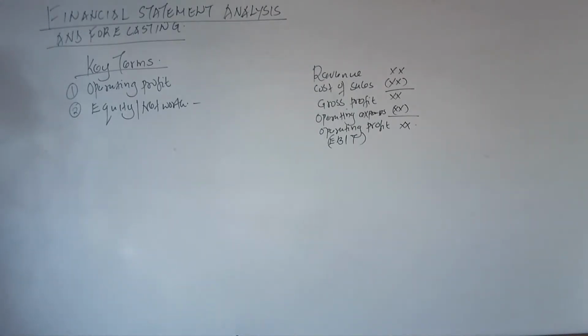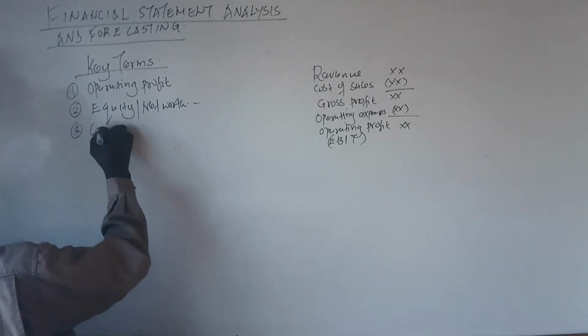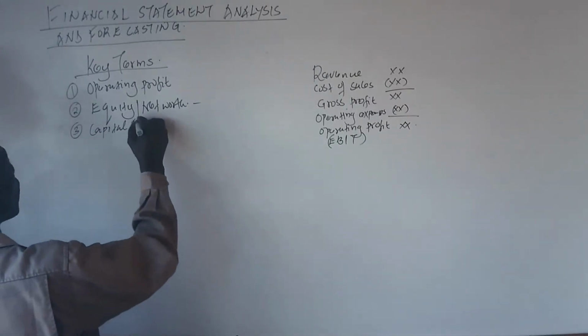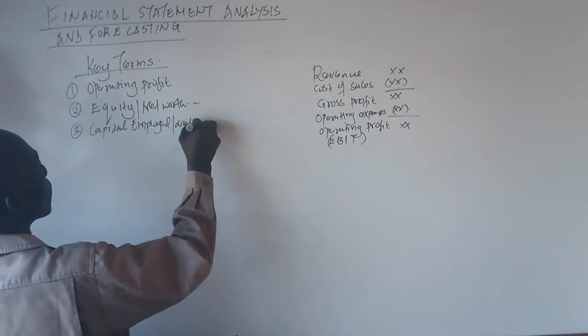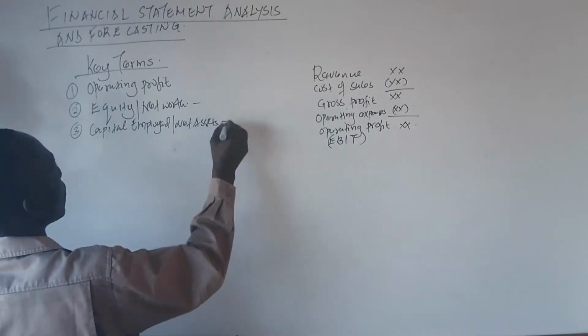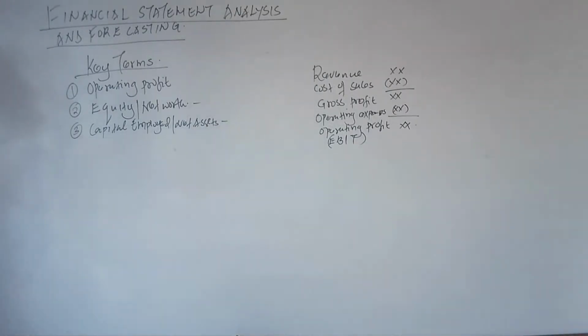Then the next one, number three, we have what we call the capital employed or net assets. Write and say that this is the total assets minus current liabilities.